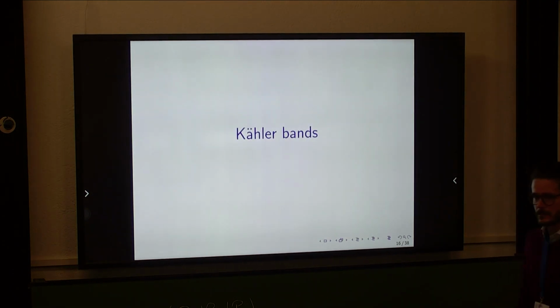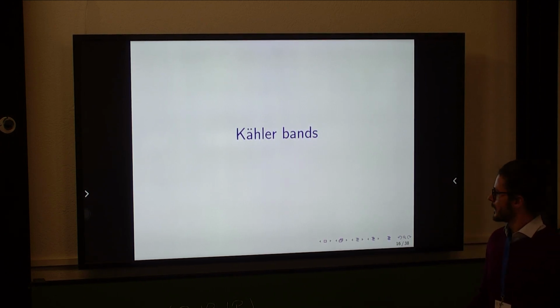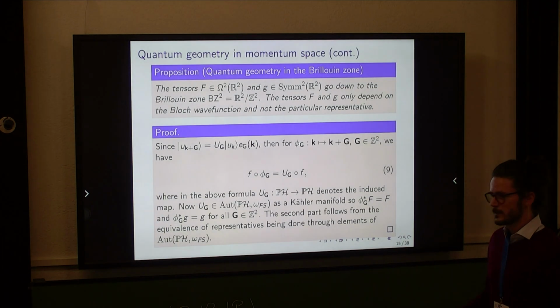Okay. So, any question? Of a projective space, not a K manifold. The complex projective space is the only Kähler manifold that appears for the time being. Right now, yes. You pull back some Kähler metric. Yes.